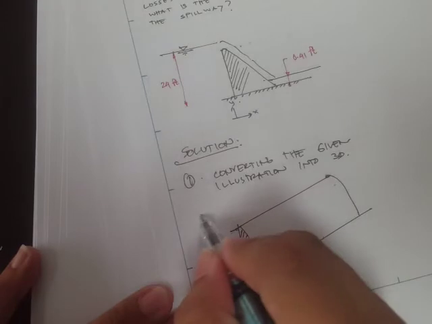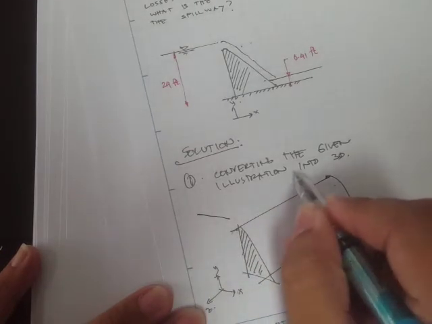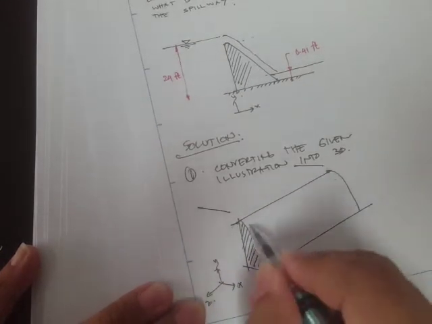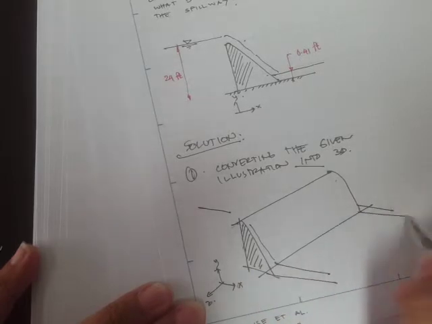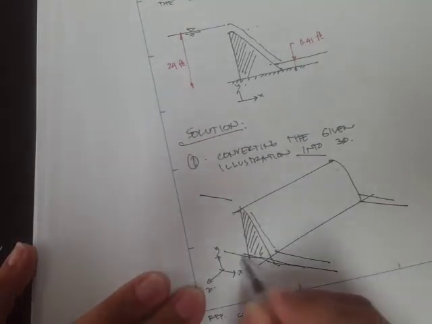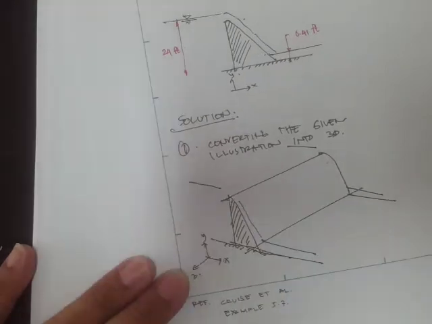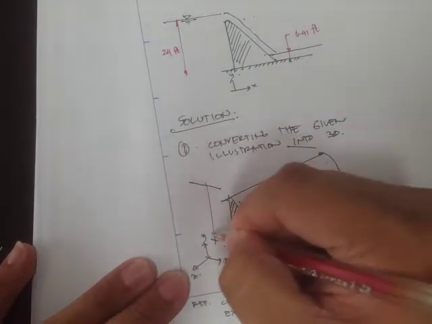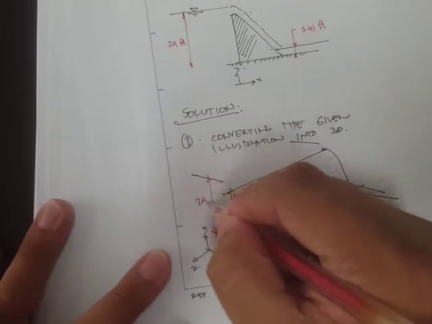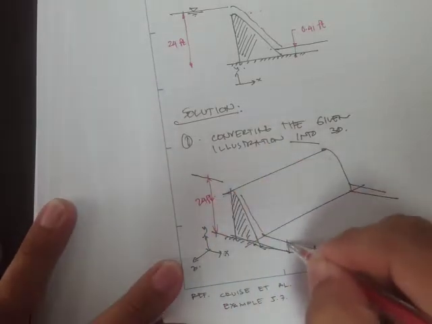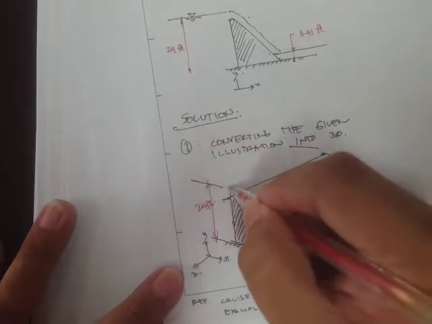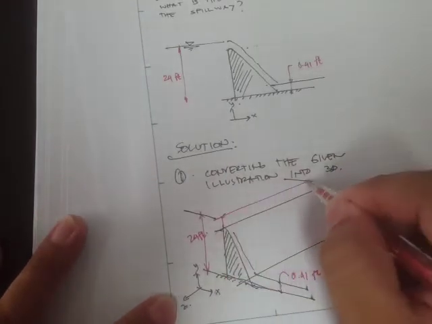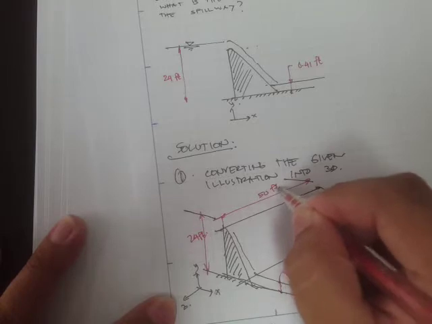The depth here is higher as compared to the spillway; this is 24 feet, and then this one is 0.41 feet, and here this is our 50 feet.